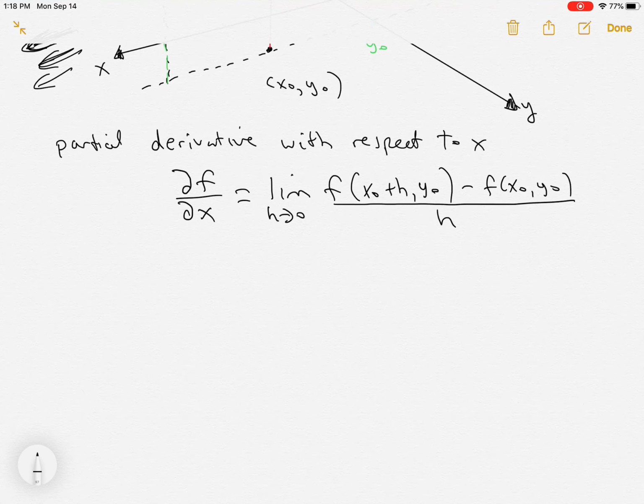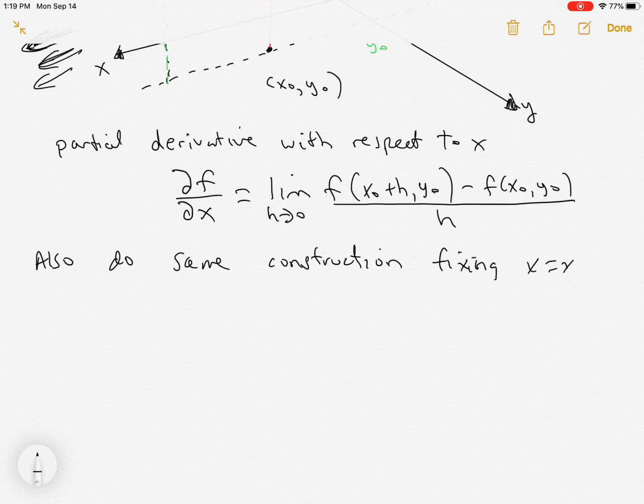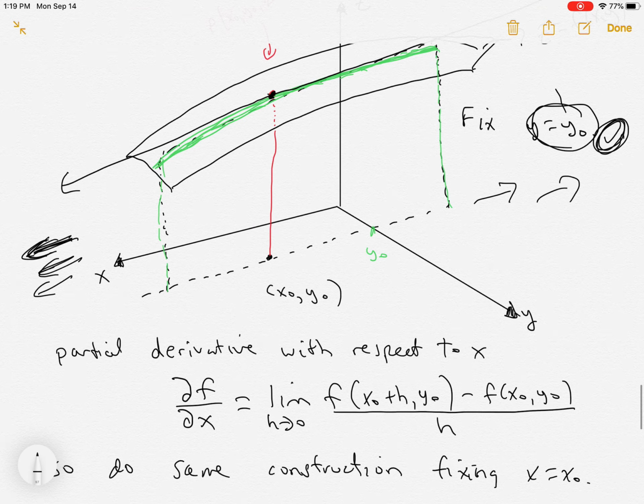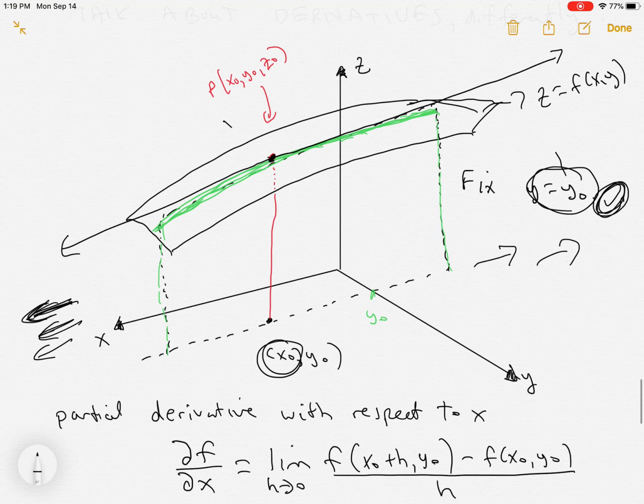So, we can also do the same construction, fixing x equals x naught. Now if I fix this guy and we run the same argument, only now we're going to go this way, and this whole picture is going to turn 90 degrees.